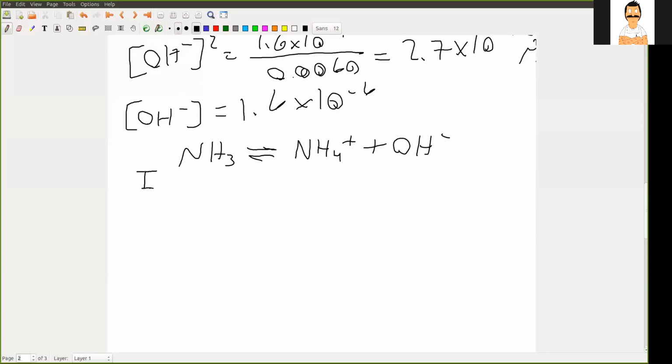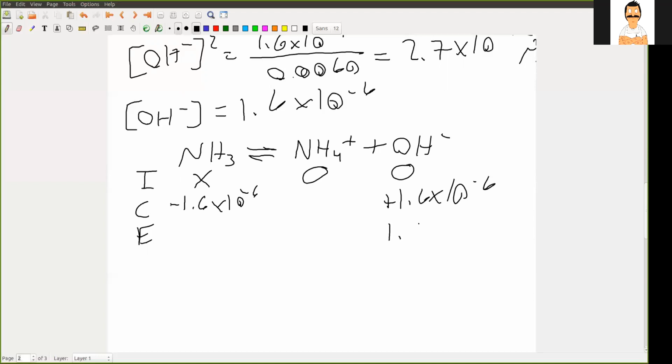And then ICE. Unlike most of the ICE problems that we've done in the past, this one, we don't know what the initial concentration of ammonia is. But we do know that the other two are 0. And we know that the change in ammonia will be minus 1.6 times 10 to the minus 6, because that is the concentration of the hydroxide.